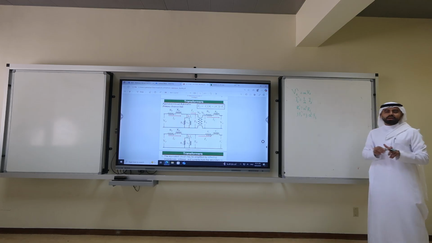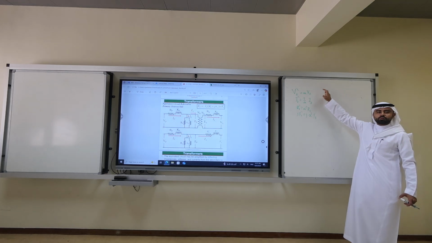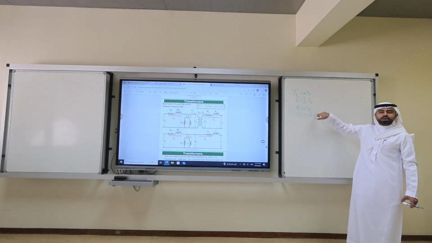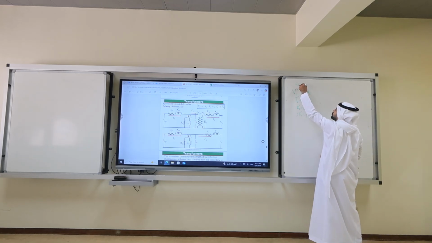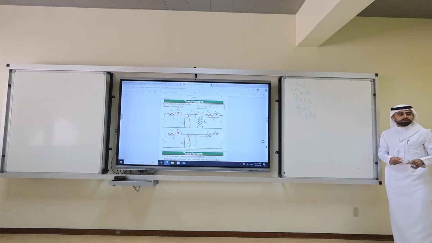These are the relations. When you do reflection, you multiply the voltage by the turns ratio, you divide the current by the turns ratio, and multiply impedance by A squared. This is EE 13. Remember? EE 13.